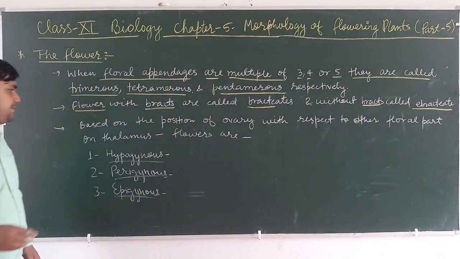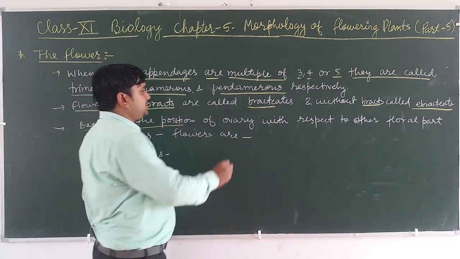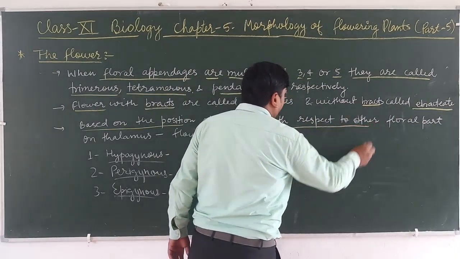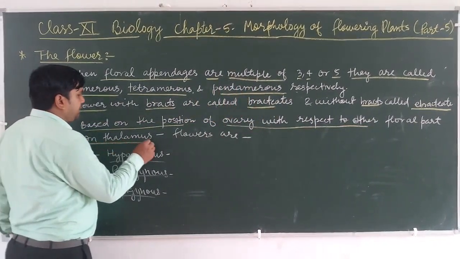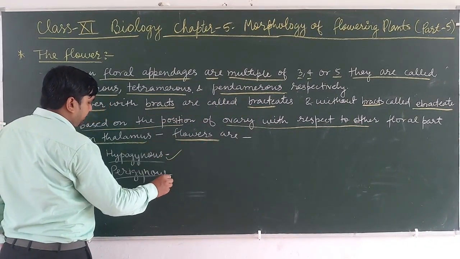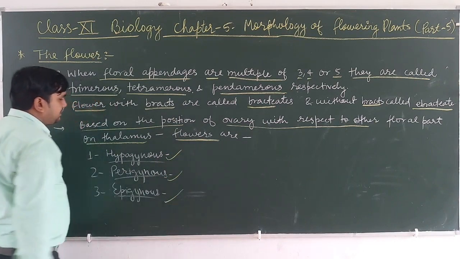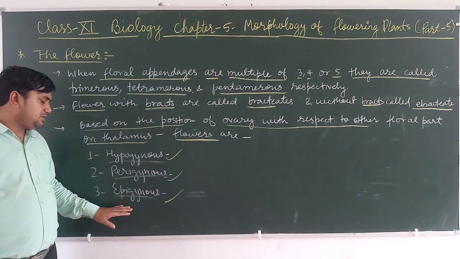On the basis of the position of the ovary with respect to the other parts of the flower on the thalamus, flowers are classified into three types: hypogynous, perigynous, and epigynous.